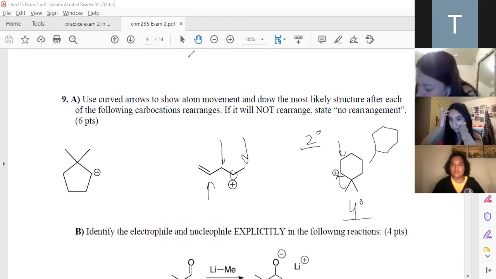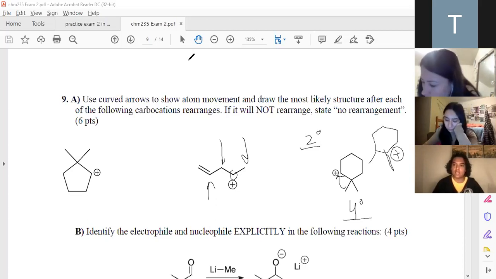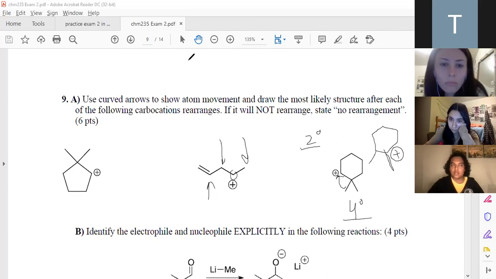This is where the methyl group moved, but now the group that lost the methyl, that is my new carbocation, like this. So what type of carbocation do we have now? Primary, secondary, tertiary? Tertiary. That's what we want to have, right? A tertiary carbocation is the most stable one. So does that make sense why this happens?